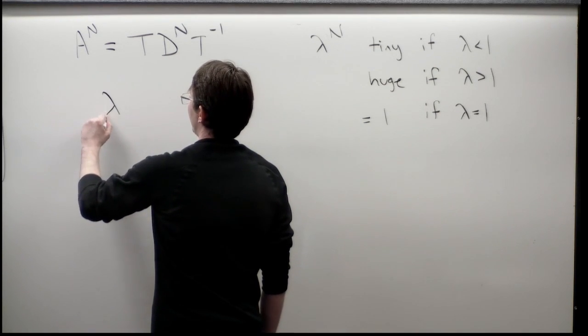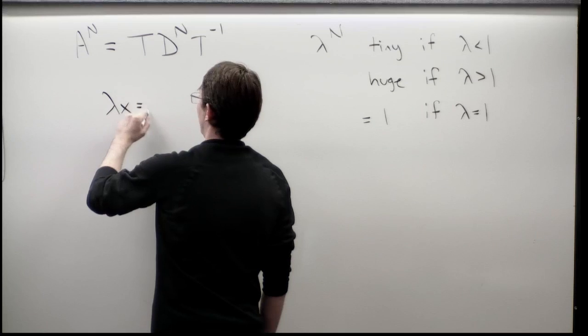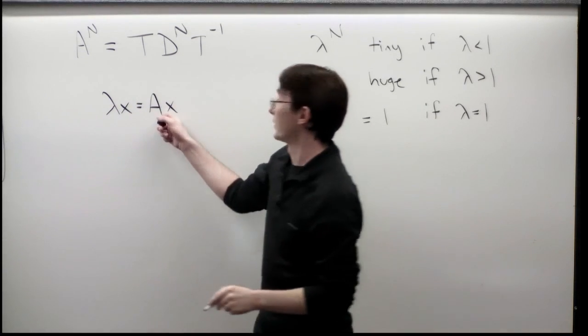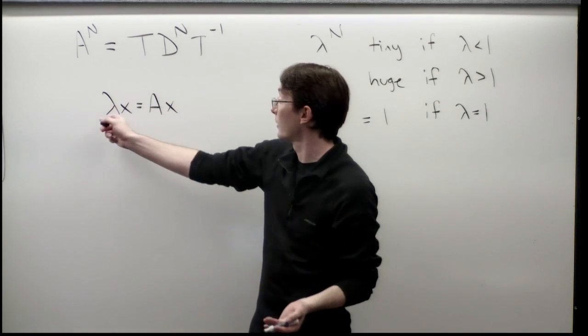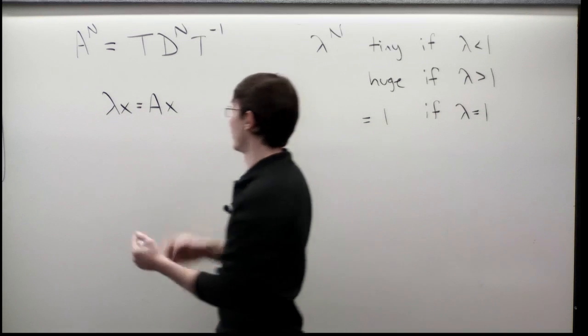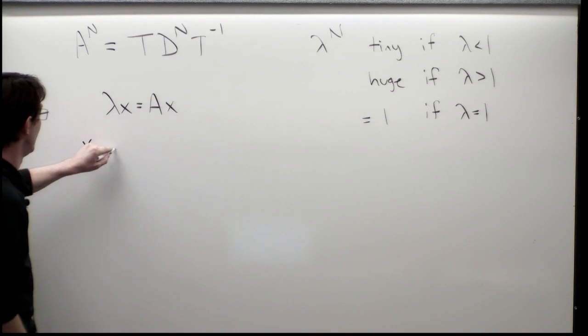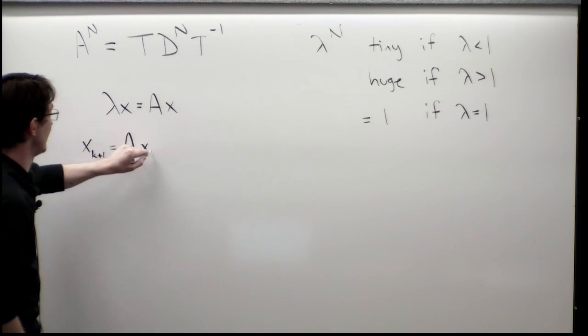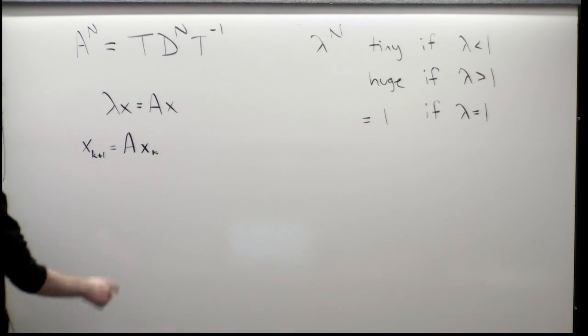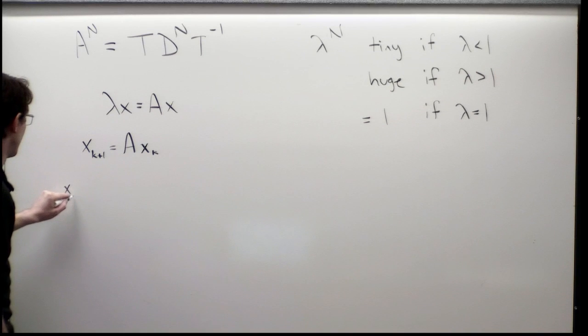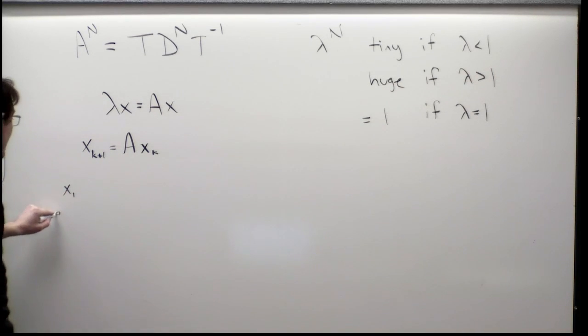And for example, remember we have this equation lambda x equals Ax. This is true for eigenvectors x and eigenvalues. So let's say I look at my equation x_{k+1} equals A times x_k. And I start with my first x is an eigenvector.